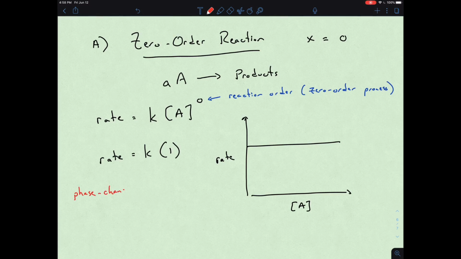Phase changes, such as sublimation, are examples of 0 order processes.